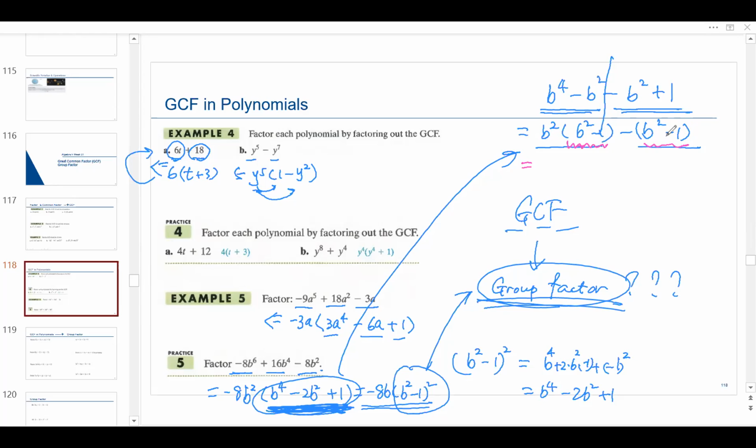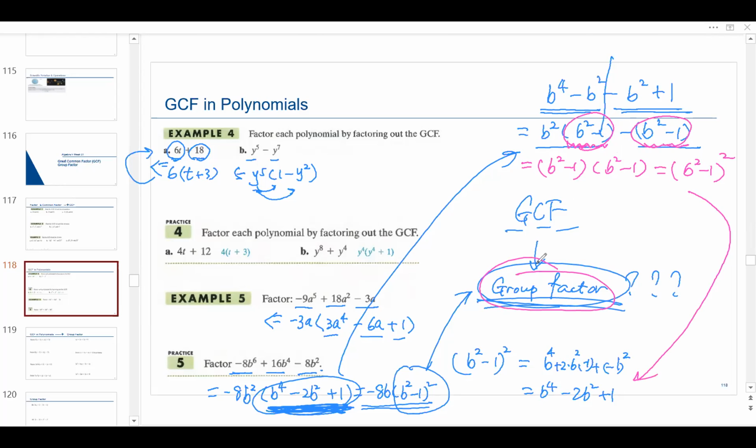The two terms times something. So this part, b squared minus 1, is their common factor now. The rest we take out: b squared minus 1. So we rewrite it like this. This is called group factoring.